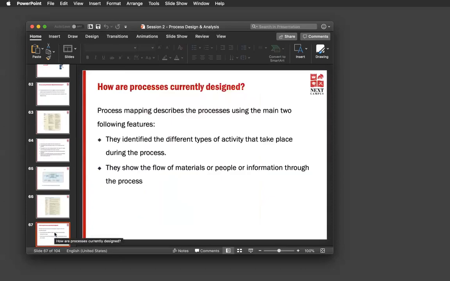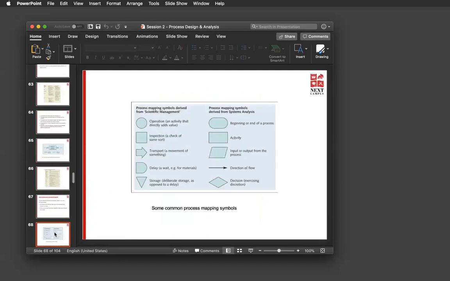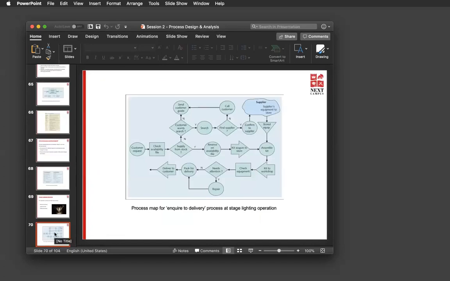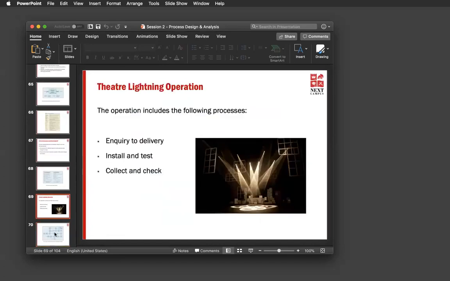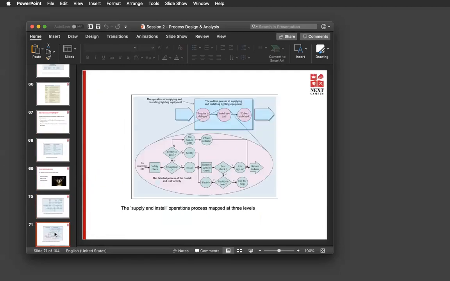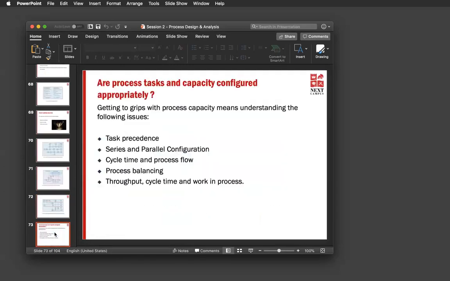You need to read through and try to understand this, and we can discuss this a little bit more when we meet face to face. There are some examples here. You have a good number of examples of process analysis and design. Go through these, which will give you some insight into how organizations have used process analysis and design effectively.